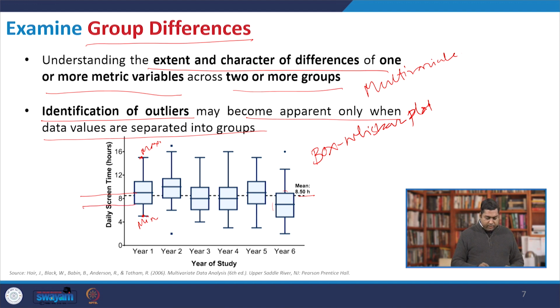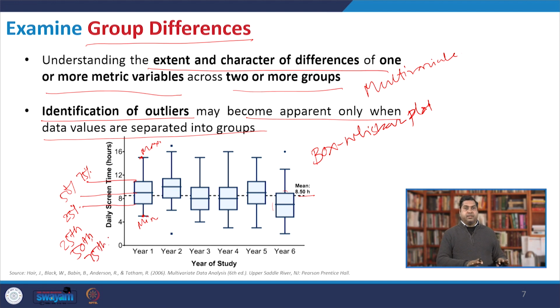Normally, the lower limit of the box is your 25th percentile data, then the median is 50%, and the upper limit of the box is your 75th percentile. So, in this case 25th, 50th and 75th are the main characteristics.